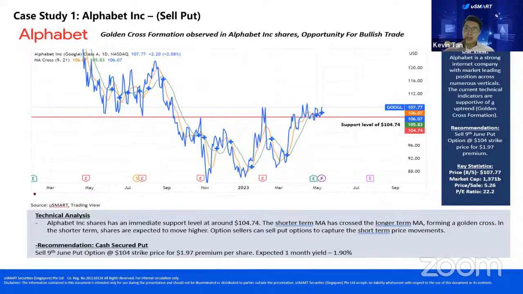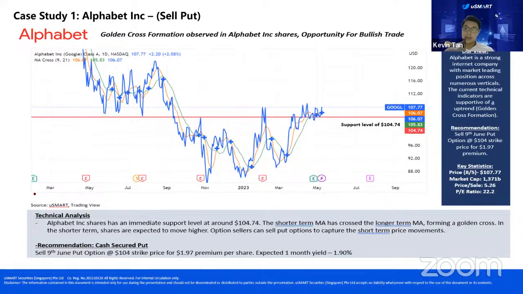So that is why we believe you can earn a respectable yield if you sell options on Alphabet shares. Based on the option price at that point in time, the $104 strike price option was priced at $1.97 for 1 month.